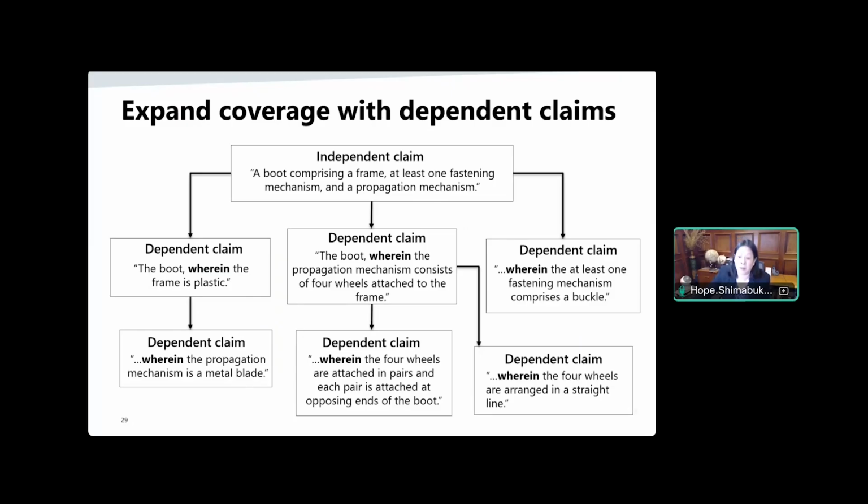These dependent claims further limit the independent claim by particularly claiming certain materials of the boot or the type of the propagation mechanism or the type of the fastening mechanism. So on the screen, all of the dependent claims would include all of the structure of independent claim 1 and then further limit these structures in claim 1.